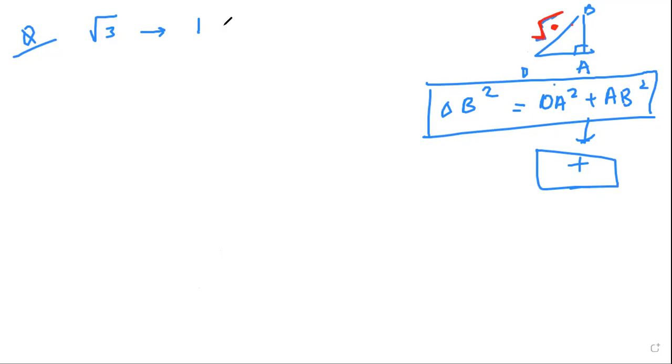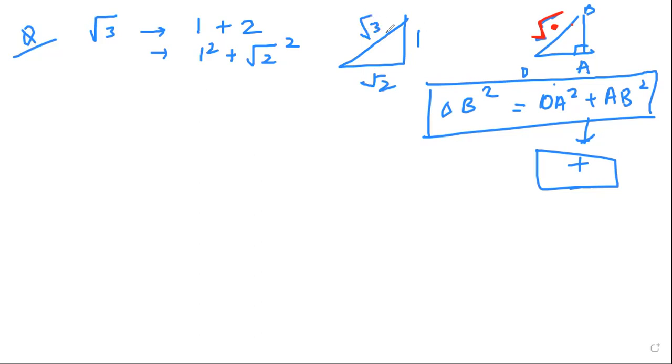So 3 can also be written as 1 plus 2. Or this would be basically written as 1 square plus root 2 square. Your triangle will look something like this: this would be root 2 units, this would be 1 unit, and this would be root 3.